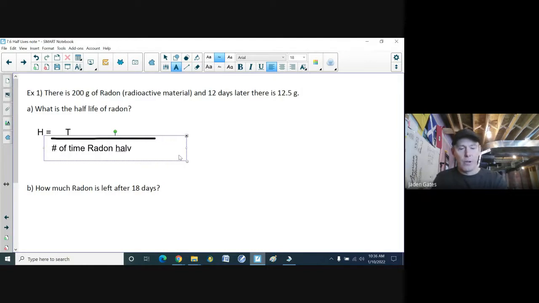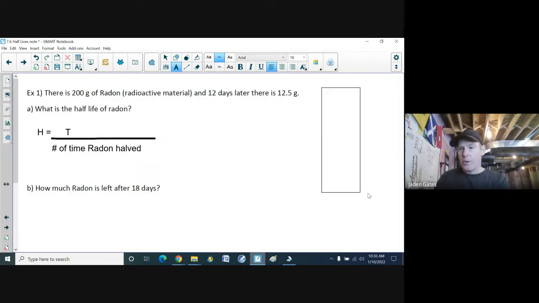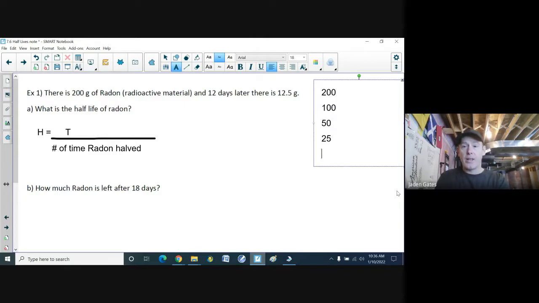All right, so now I'm going to do what I did before over here in the corner. I'm going to figure out how many times it halves. So it's going to look a little bit different because I'm not doubling as I go down, I'm halving. So I start off with 200 grams. Well, then I am going to cut in half to 100, cut that in half to 50, cut that in half to 25, and then I cut it in half and I get my 12.5.